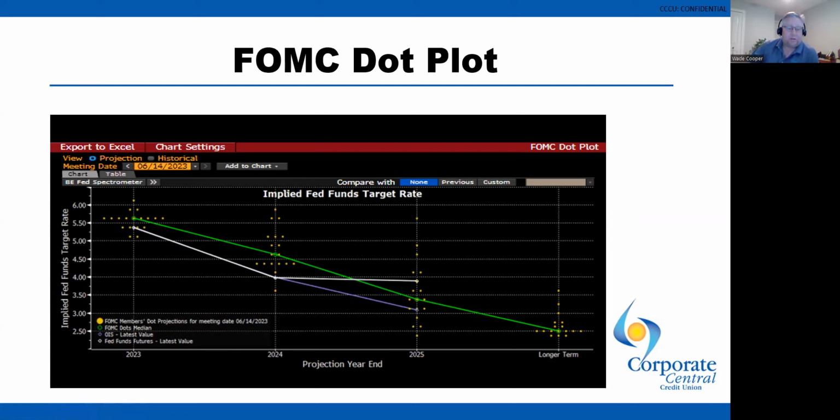Roughly 5.5 to, maybe if we just go downward revision to 4.5, that's 1 point of cuts this next year.